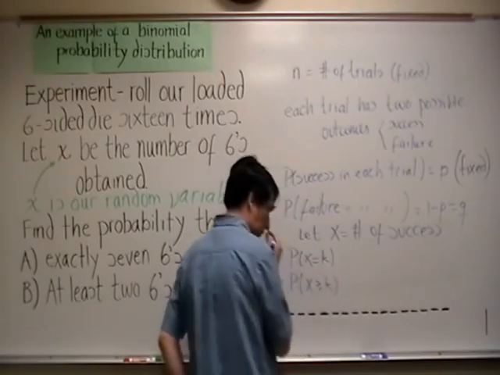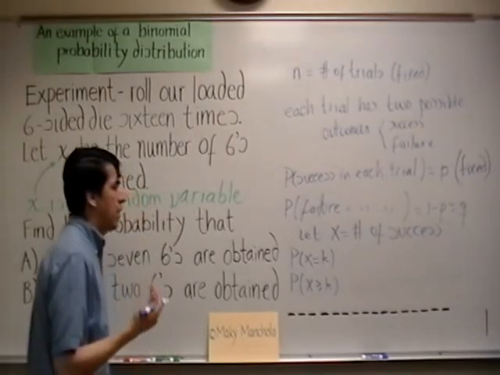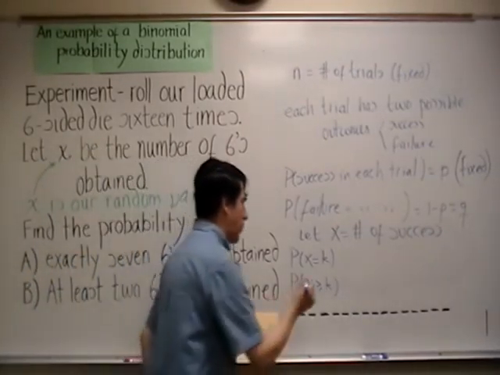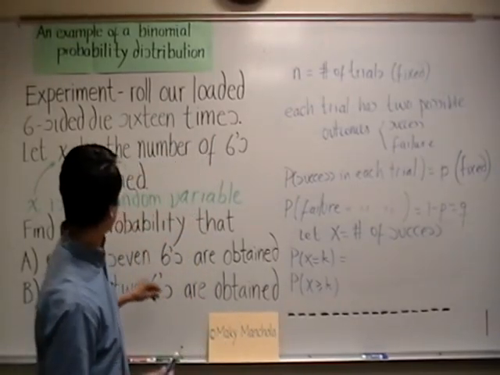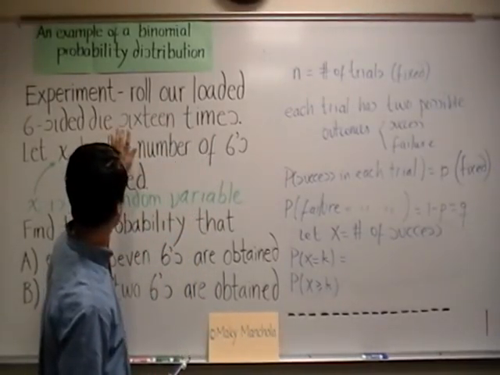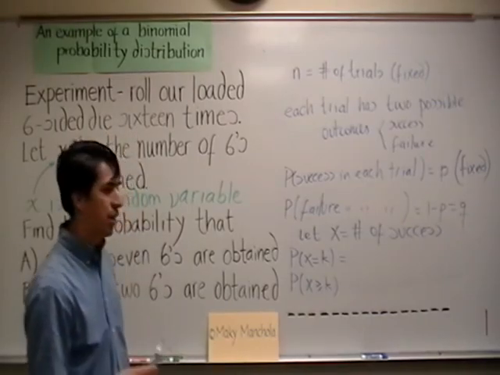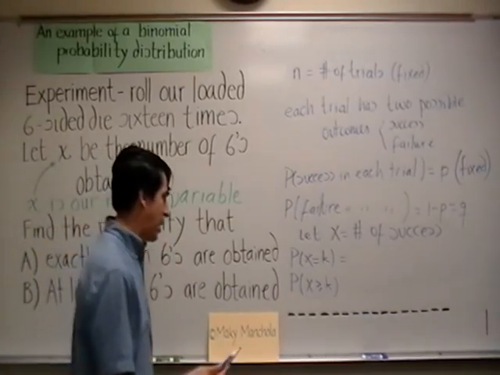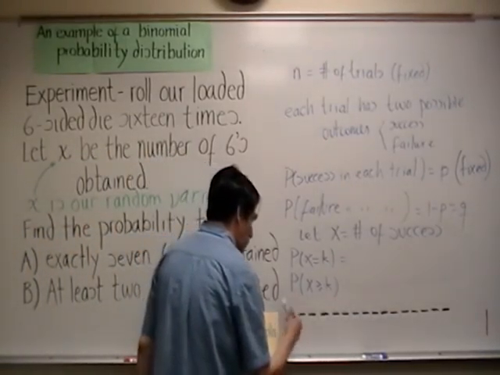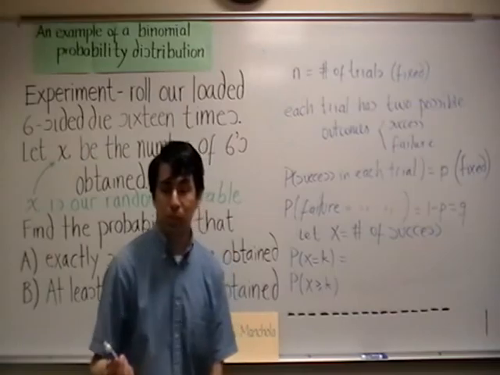Alright, for the probability that X equals k, you have to do kind of the same analysis we did in our example, where we rolled our die 16 times and wanted exactly 7 sixes. We'll say, well, I have to first find the probability of each outcome.